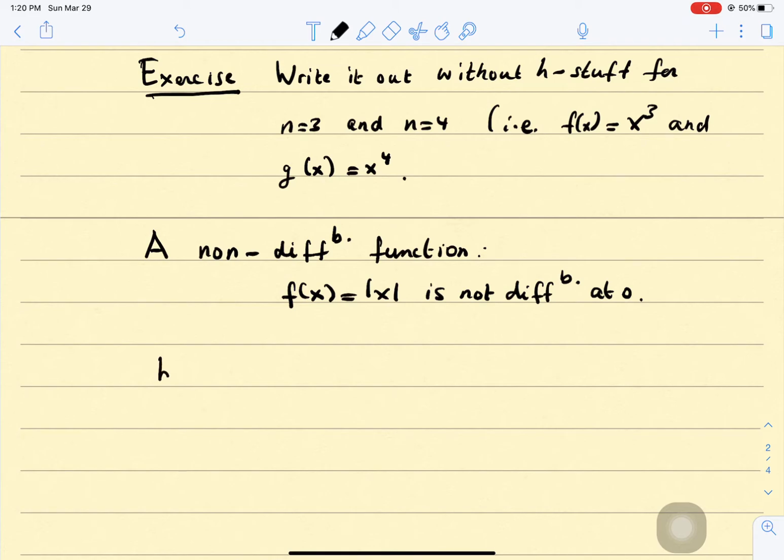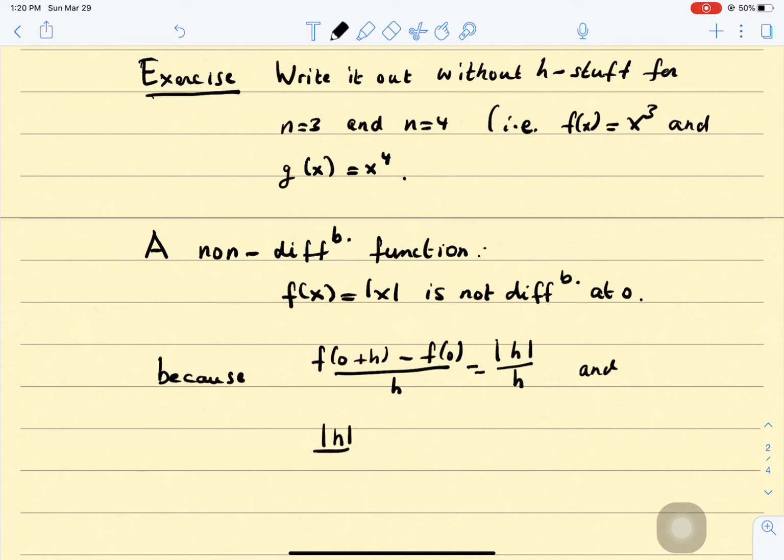Well, because if you look at f at 0 plus h minus f at 0 divided by h, then that is the same as the absolute value of h divided by h, and the absolute value of h divided by h is equal to 1 if h is positive, and it's equal to minus 1 if h is negative.